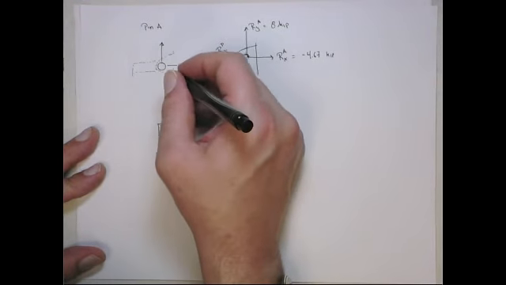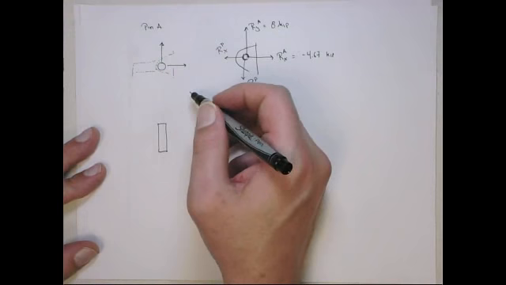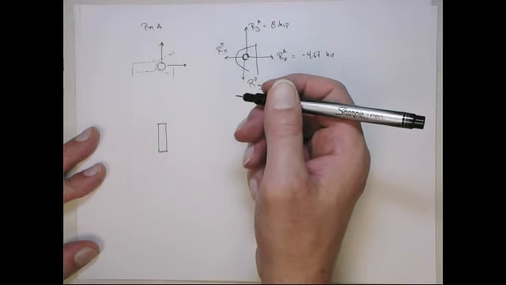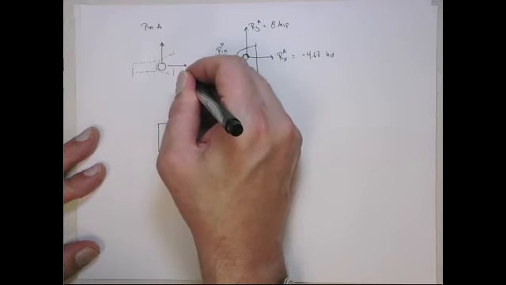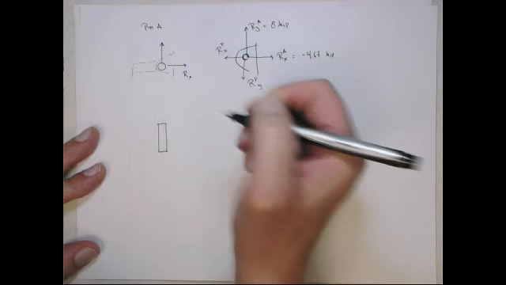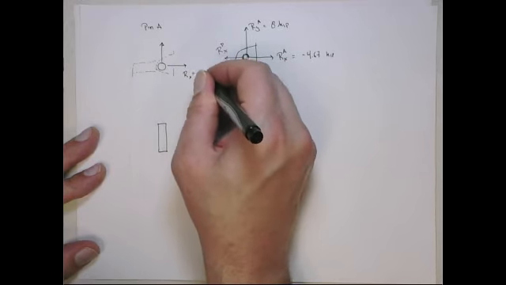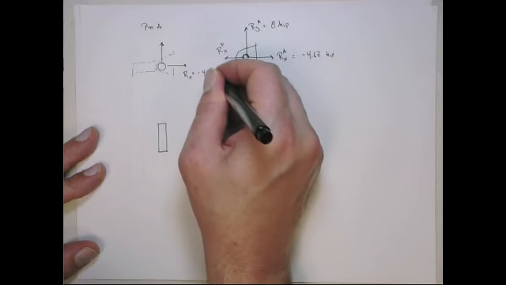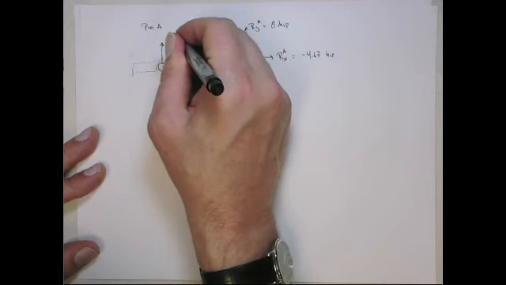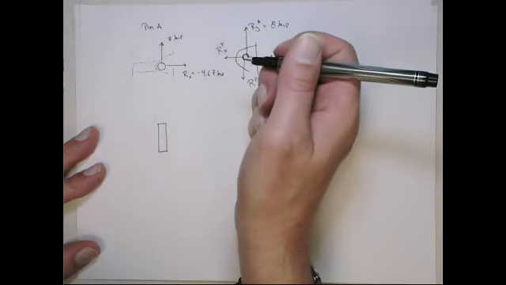This is the bracket acting on A. This is the minus 4.67, and this is the 8 kips.